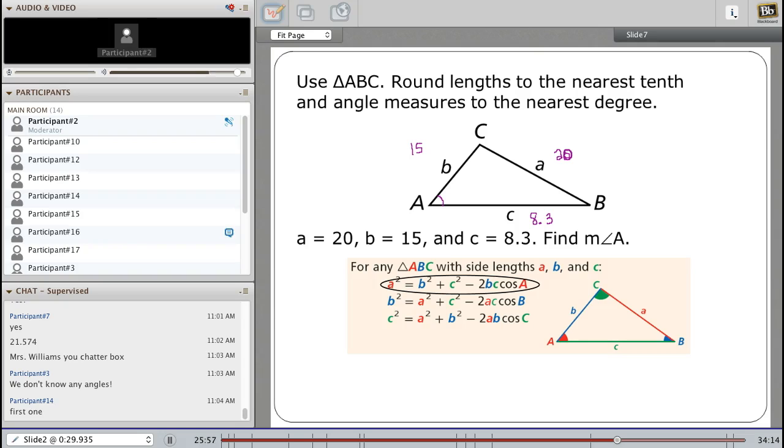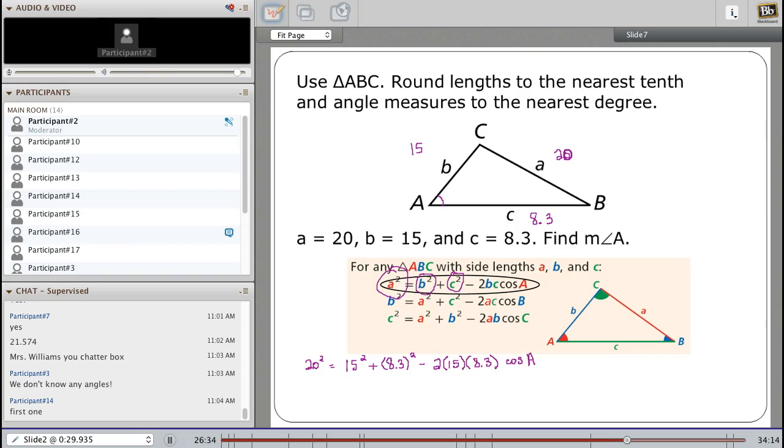So we have A squared, so we'd have 20 squared, B squared, 15 squared, C squared would be 8.3 squared minus 2 times B times C times the cosine of A. Okay, everybody following how I plugged all of that in?